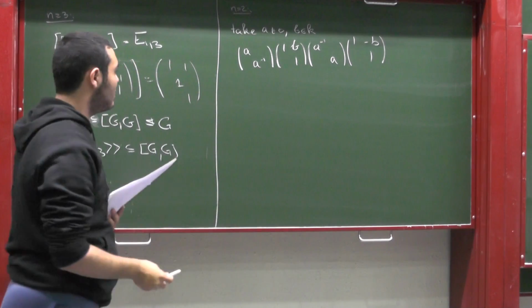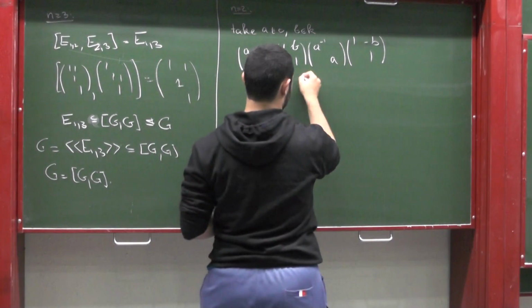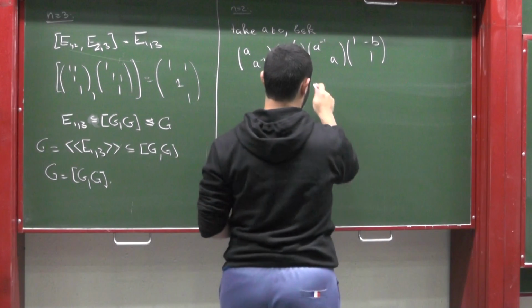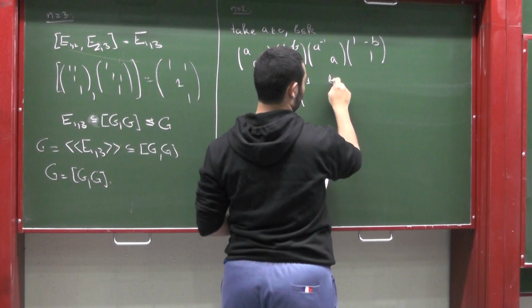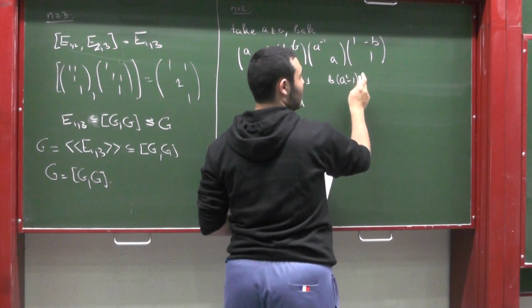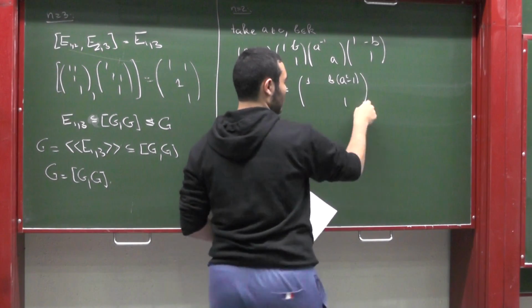Then this is another exercise for you, but you can also just believe me. If you get 1, you get here A minus 1, thank you very much, and 1.